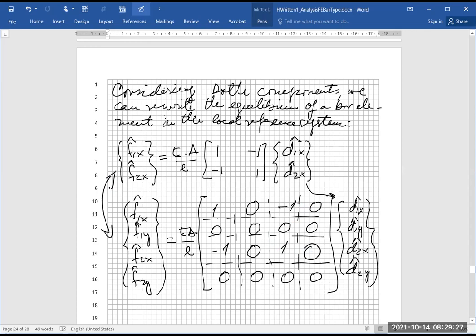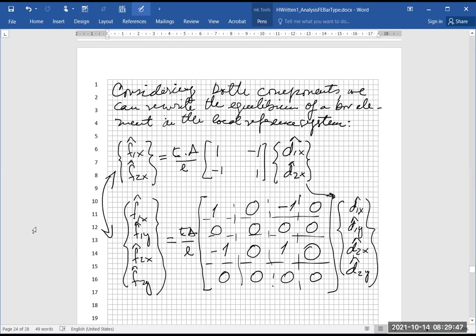In the case of a bar, there are no local vertical forces at all. So if we include some terms, some components in the y direction multiplied by zero, the result doesn't change. So this is the same.